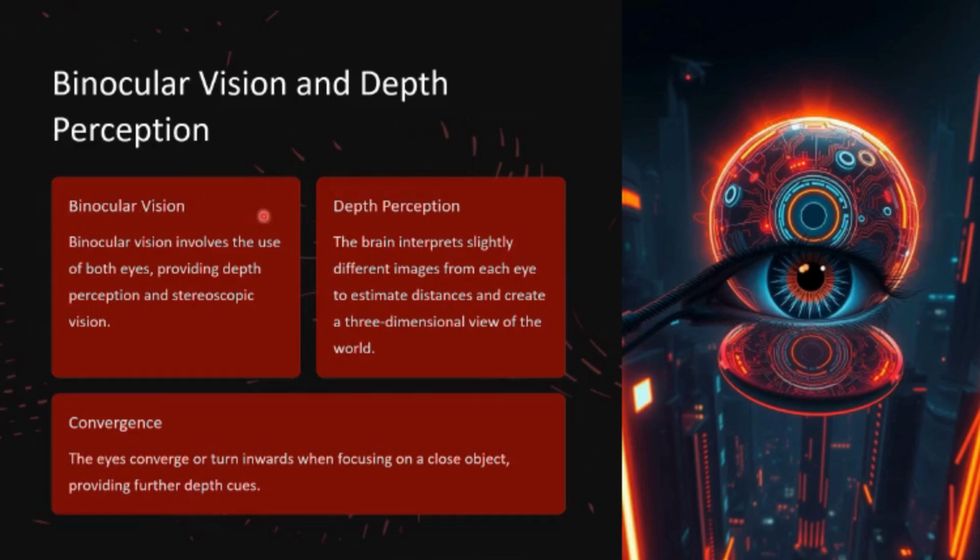So binocular vision involves use of both eyes, providing depth perception and stereoscopic vision. Depth perception interprets slightly different images from each eye to estimate distance and create a three-dimensional view of the world. Whereas with convergence, the eyes turn inward when focusing on a close object, providing further depth cues.